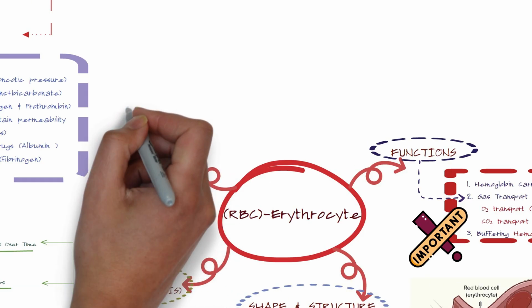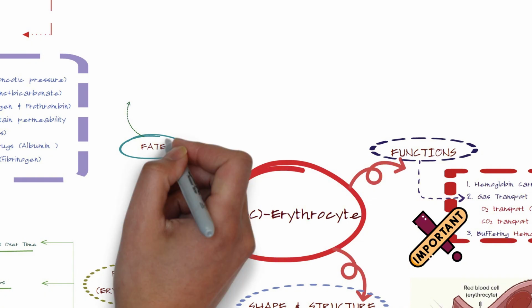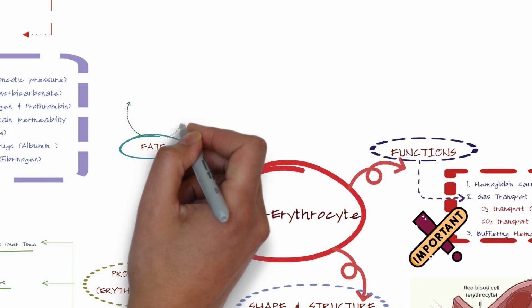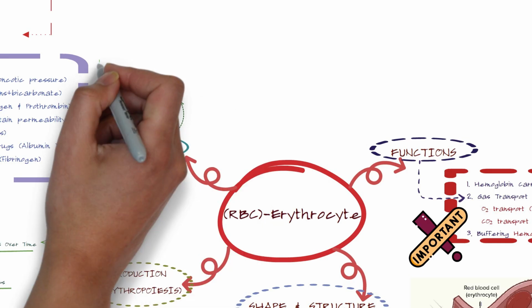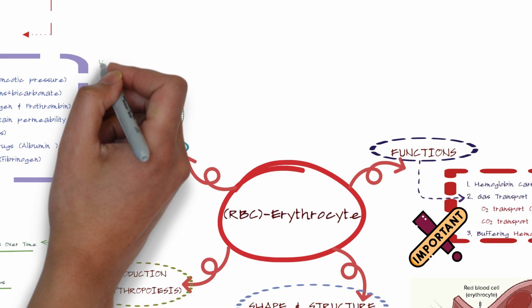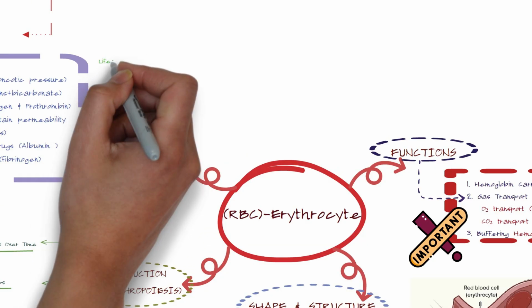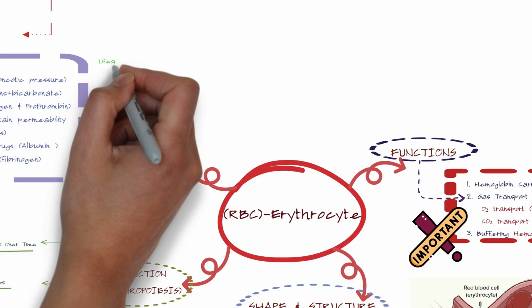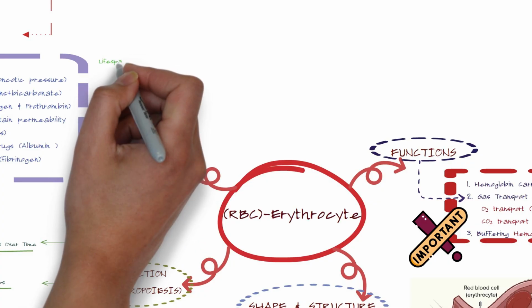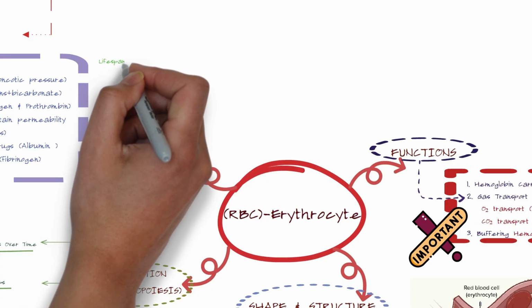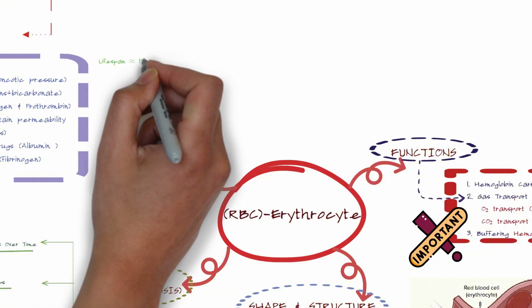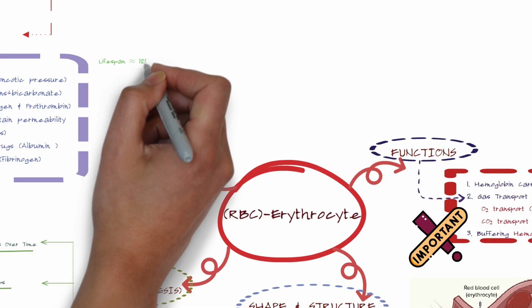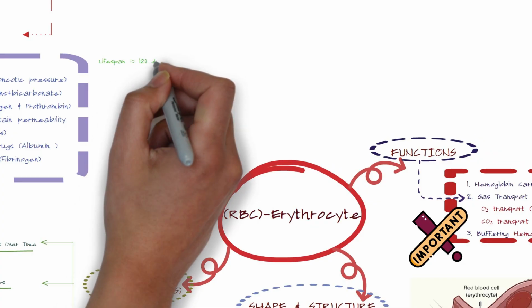For the lifespan, the red blood cells have an average lifespan of about 120 days. After this period, they become less flexible and are removed from the circulation, because first the enzymes in the RBCs start to decrease, and the ATP, which is responsible for transport and maintaining membrane integrity, also decreases.